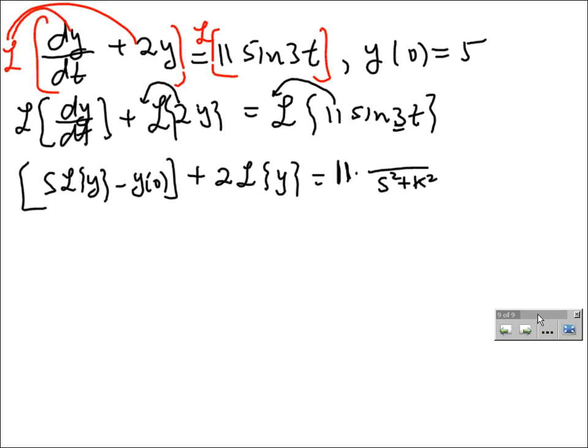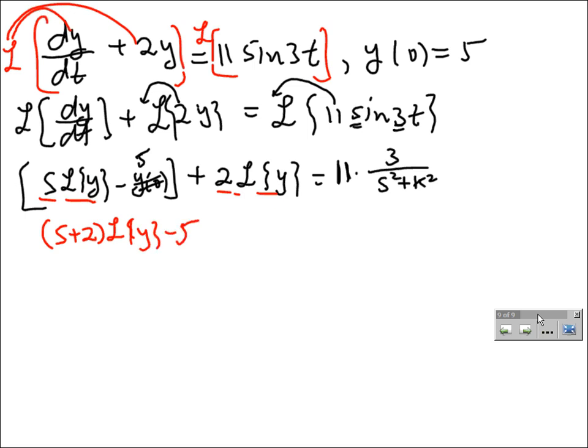Now, do you put s on the top? No, because that starts with s. So you put k on the top. And y of 0 is just 5. So now we have a number of L of y's. We have s of these, and I'm adding 2 of them. So we have (s plus 2) L of y.